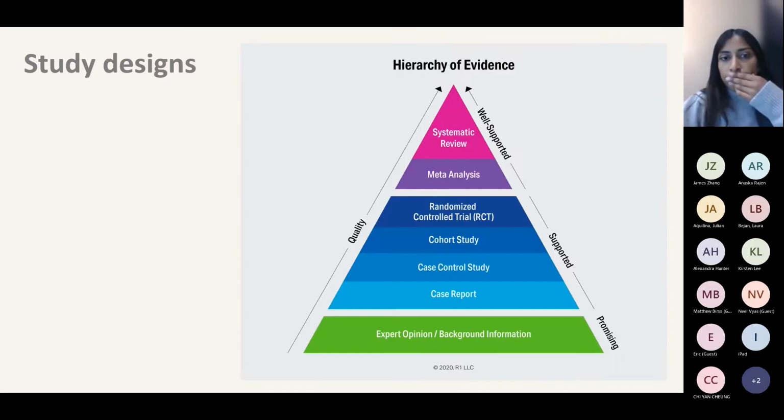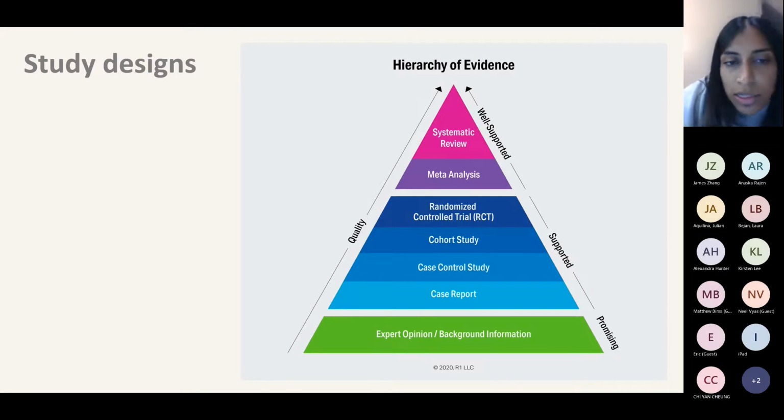And now I'm going to briefly talk about study designs. You may have already seen this, which is the hierarchy of evidence. Things that have been reviewed or an amalgamation of multiple studies, like systematic reviews and meta-analyses, sit at the very top. And then you have your single studies, which are RCTs, and those sit highest because they're interventional.